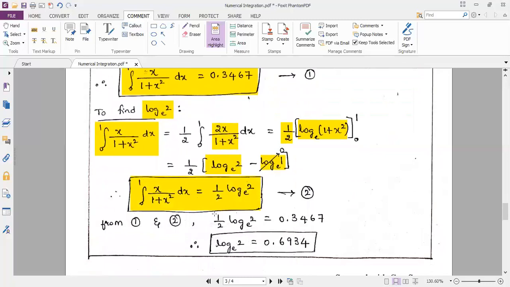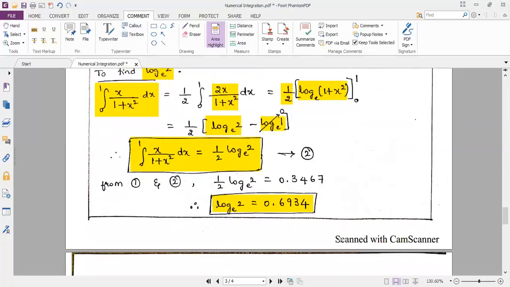So we obtain half log 2 to the base e is equal to 0.3467. Cross multiplying 2 to the other side, log 2 is equal to 0.6934. It's a natural logarithmic value, approximately rounded off to 0.6934. This we have obtained from Simpson's 3/8 rule.